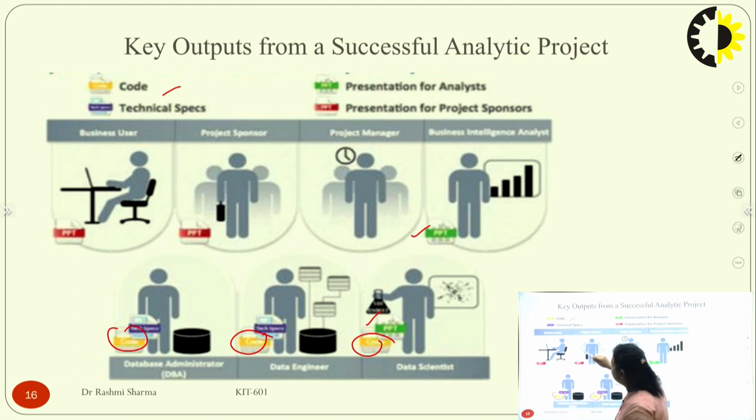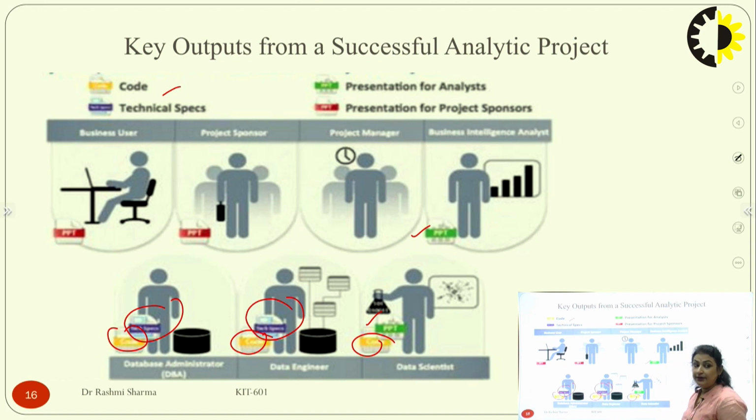The blue ones are the technical specs; these are technical persons who do the coding along with the technical specification. The red ones are for the presentation to the project sponsors. We require some presentation to be given to the sponsors, and the project manager looks into all these things.